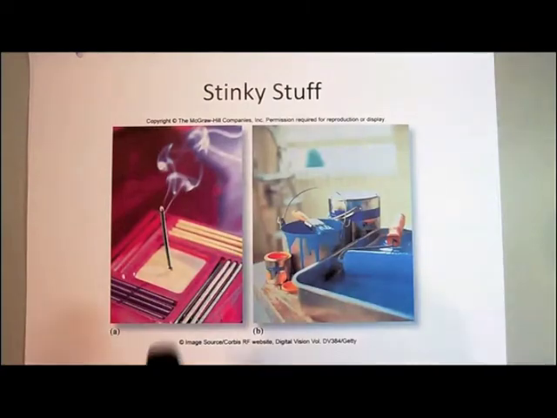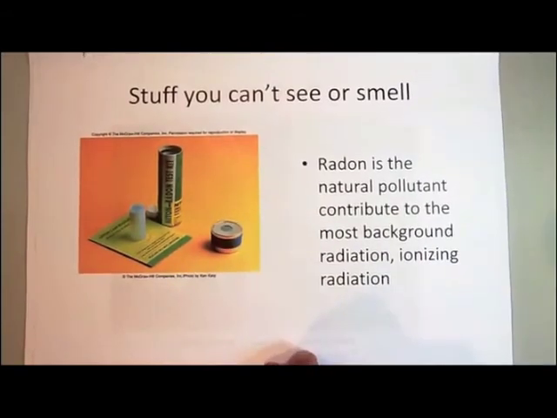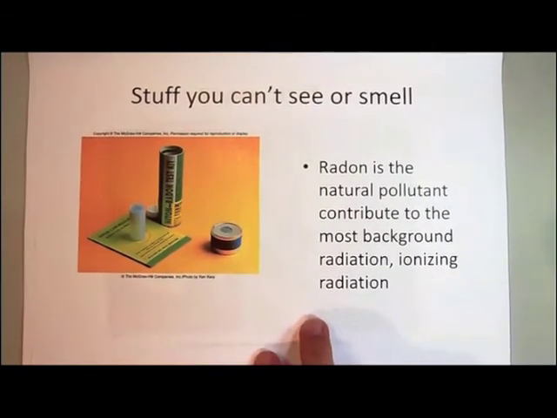So the stinky stuff you can sometimes see and always smell. There are also pollutants that you can't see or smell. An example of one indoor pollutant, which we mentioned in Unit 1 when I was talking about natural radioactivity, is radon.